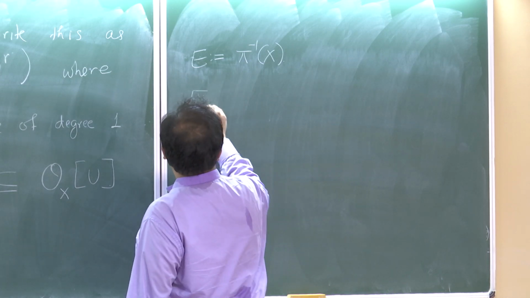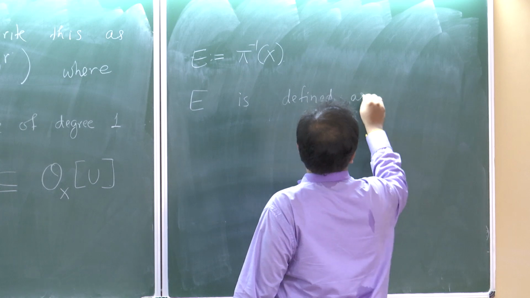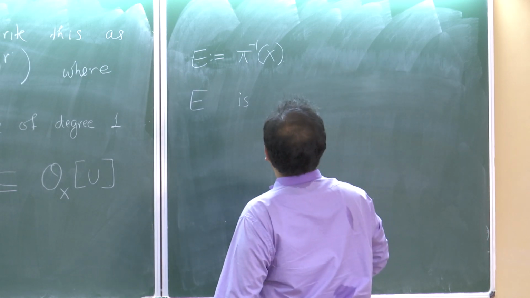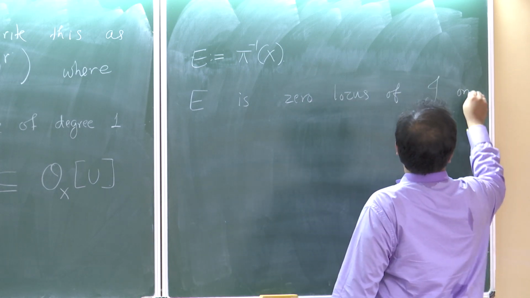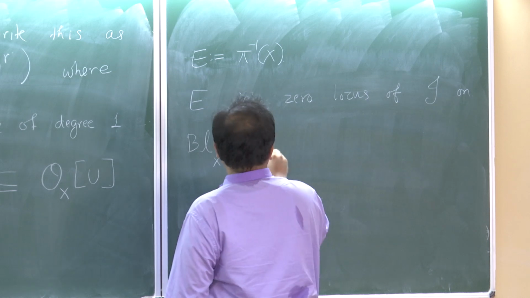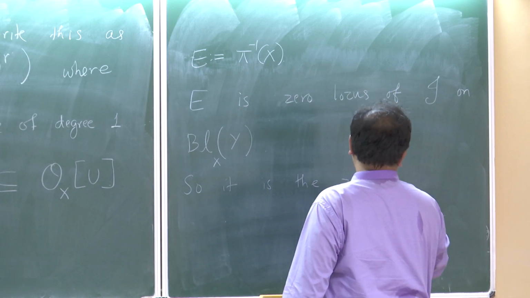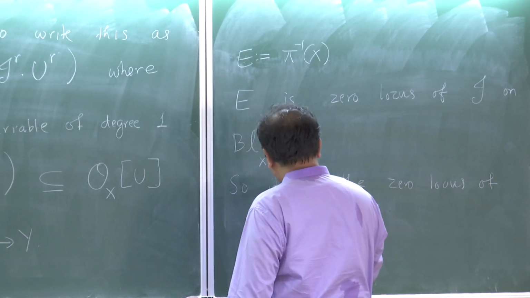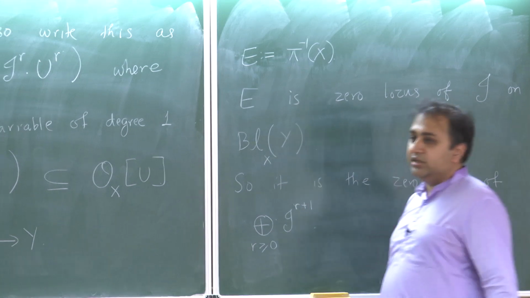E is the zero locus of I on the blow-up, X in Y, and it is given by the zero locus of I to the r plus 1, where r is greater than or equal to 0. So this particular ideal sheaf.